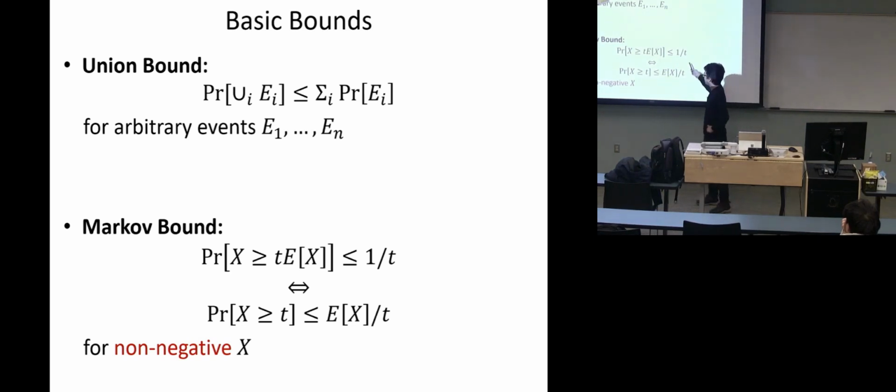An equivalent way to write this is the probability that X is at least t is at most expectation of X over t. Note that this is true only for non-negative random variables. Okay, so that is just some basic thing.